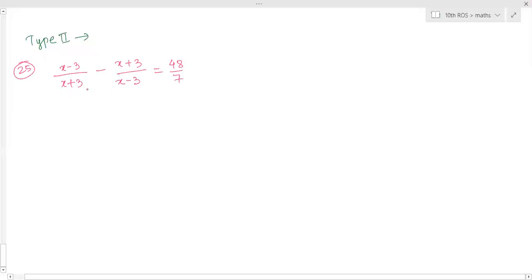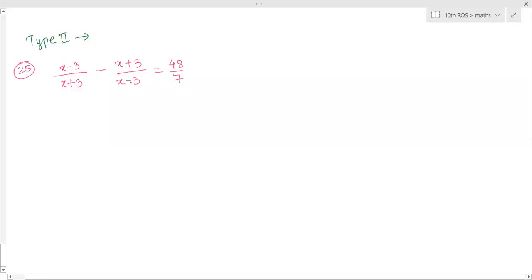In this question, if you see the first fraction and second fraction, what will you observe? The values are the same, but it's just the opposite, numerator and denominator swapped.